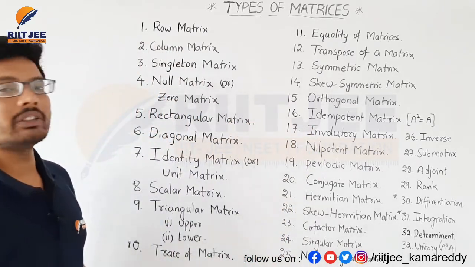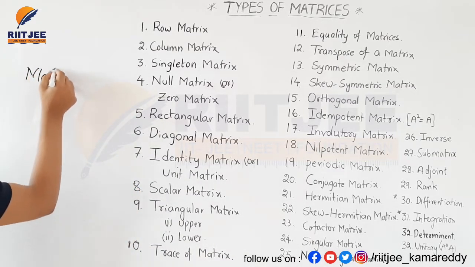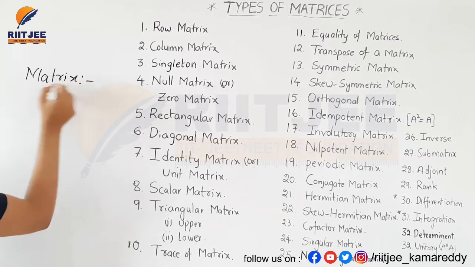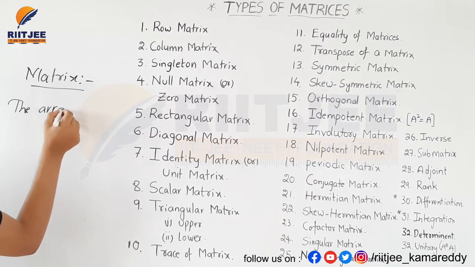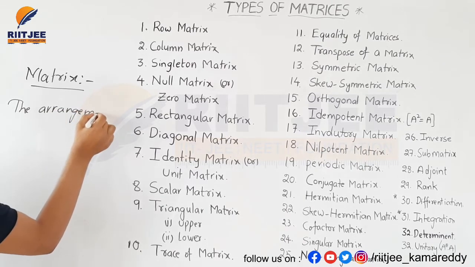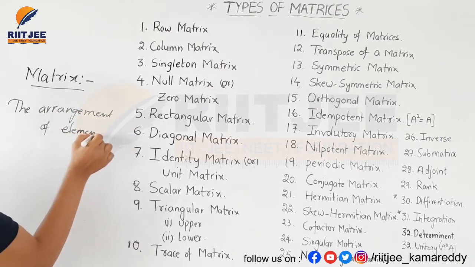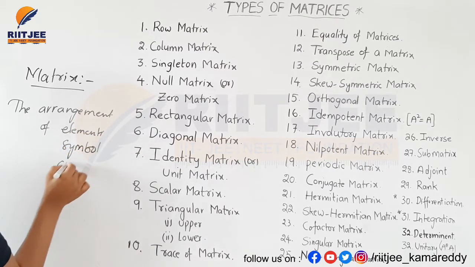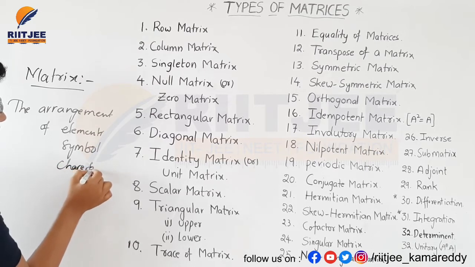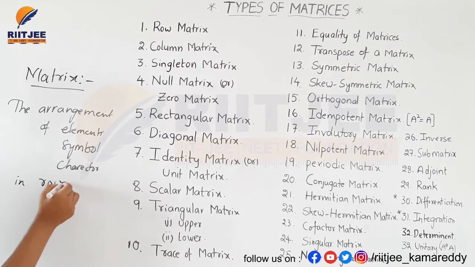First of all, what is a matrix here? A matrix is nothing but the arrangement of elements, symbols, characters in rows and columns.